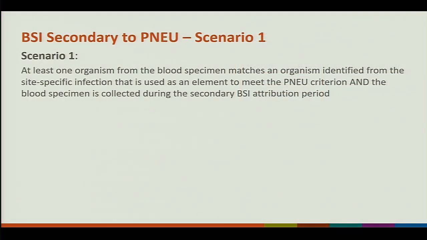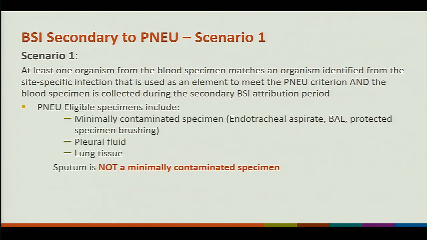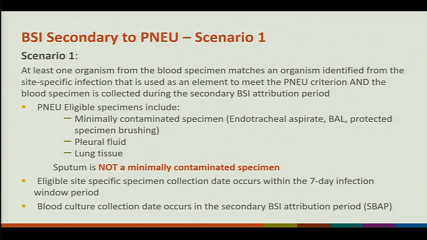You have to have at least one organism in the blood specimen that matches an organism identified from a site-specific specimen, so one of our eligible specimens for use in meeting pneumonia, and there has to be at least one matching pathogen. Our eligible specimens are the minimally contaminated specimens: pleural fluid, lung tissue, and sputum that is expectorated, again, is not a minimally contaminated specimen.